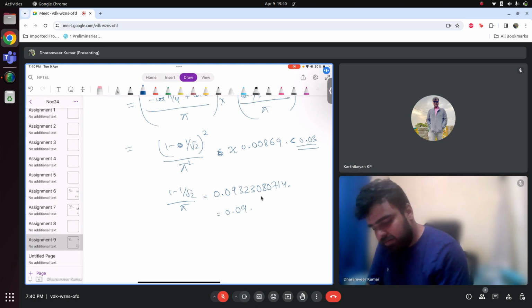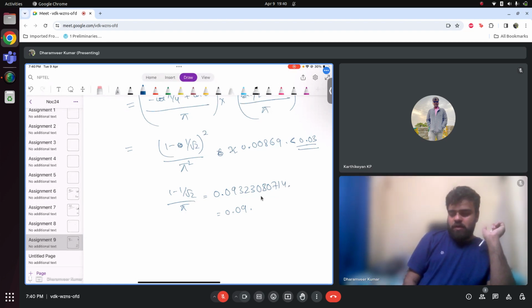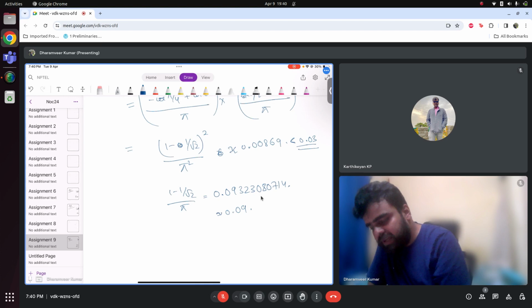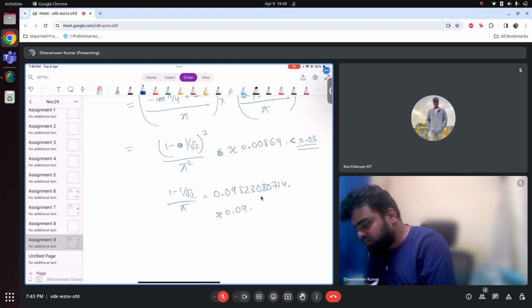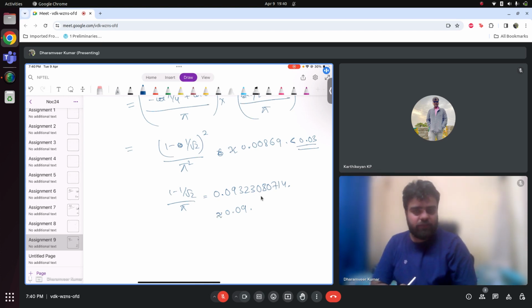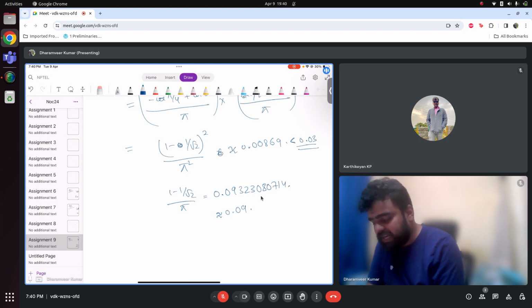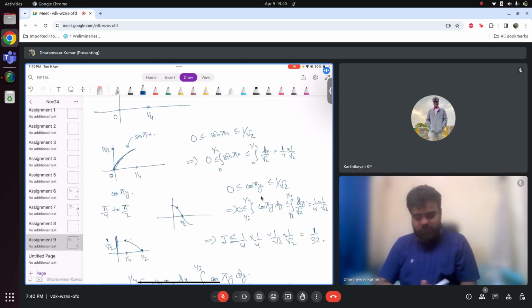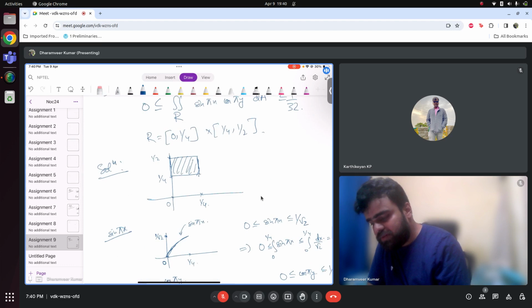But if you approximate this and then take a square, you will get 0.0081, something like that. But you have to do this calculation. What we got over here is without doing any calculations. So you have to aim to do something like that.